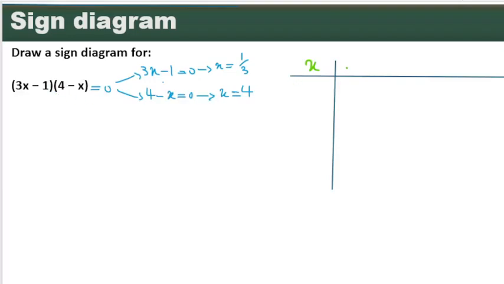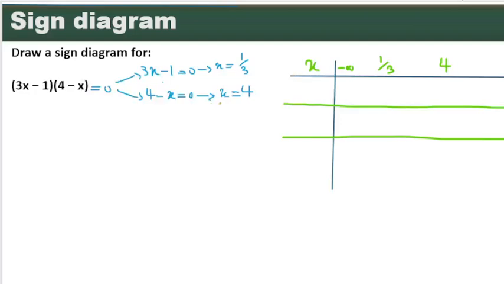First of all, I put negative infinity, and it comes to the smallest critical point, which is 1/3. And then I go for the largest one, which is 4, and then positive infinity.